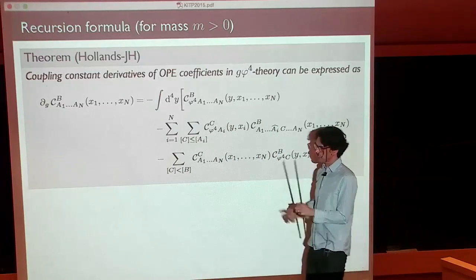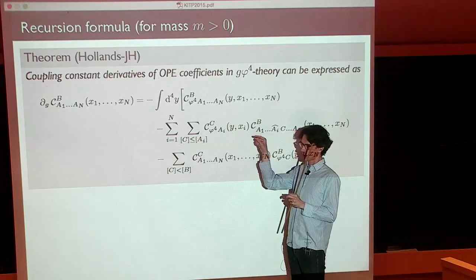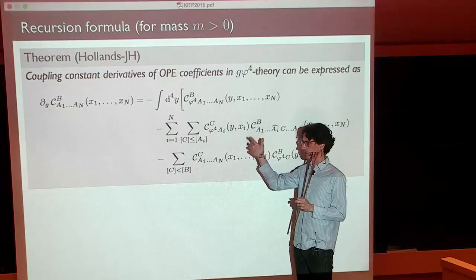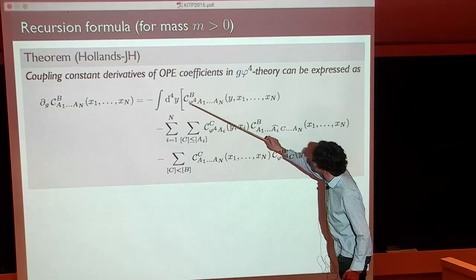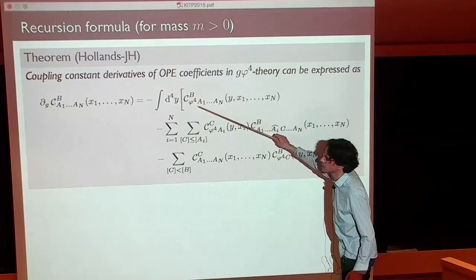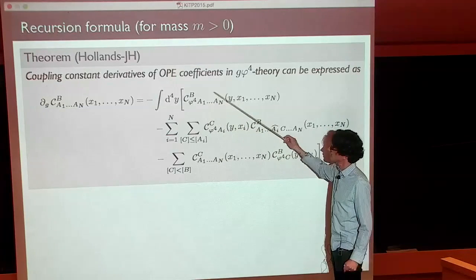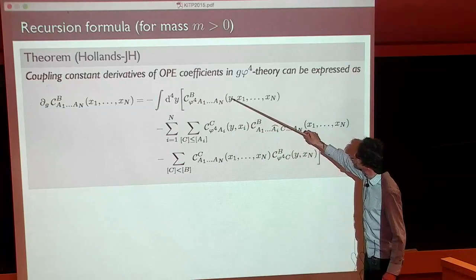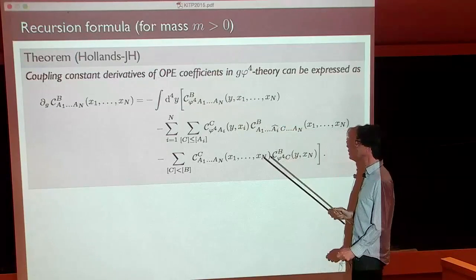So what is this? If you have a correlation function and you differentiate with respect to a coupling, you get an insertion of the corresponding operator. So you do get a similar term here: the phi to the 4 is an additional insertion. Maybe it takes a bit of time to get used to this. It's just a coefficient with one argument more, and it has this insertion.